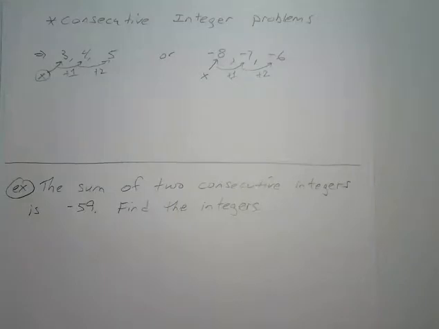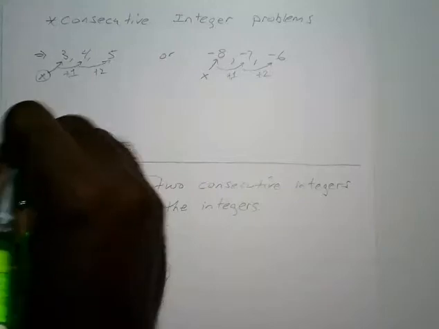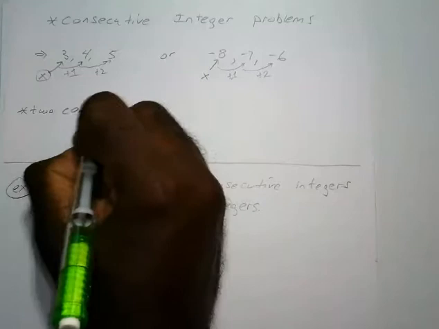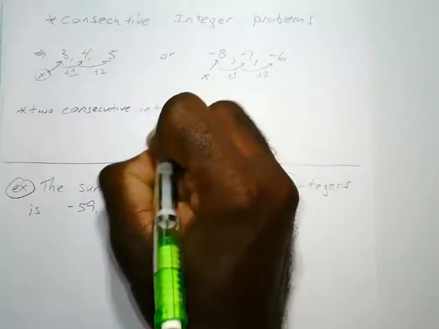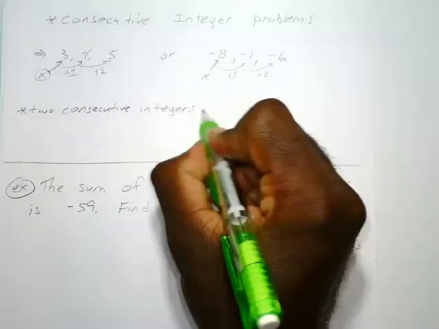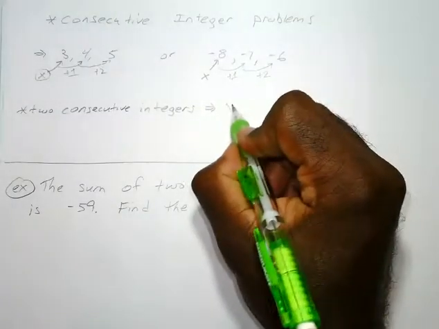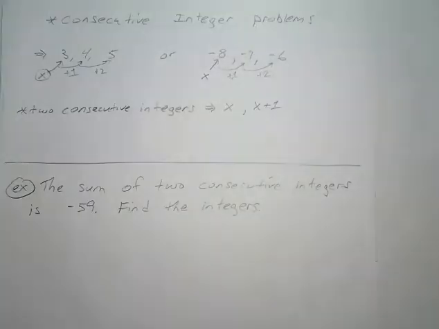So whenever you see a story problem that says 2 consecutive integers, those 2 consecutive integers will always be x and x plus 1.